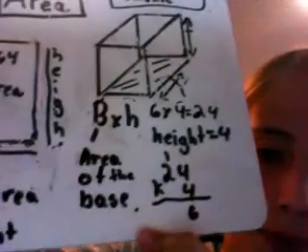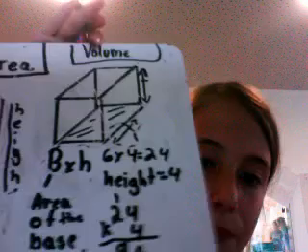Write the 6, put the 1 up on top. And then 4 times 2 is 8, plus 1, because the 1 is from the 16, is 9. So it's 96. And that's the volume of that 3D shape.